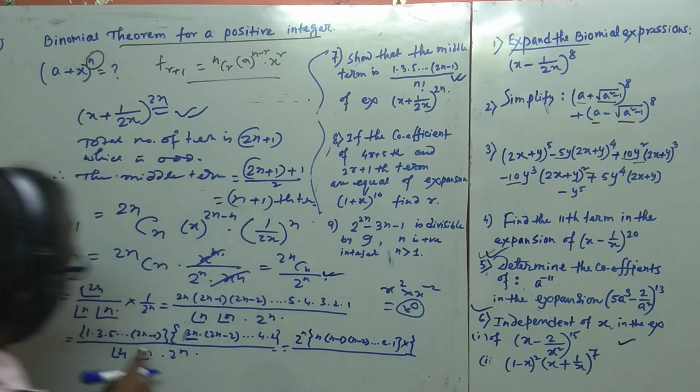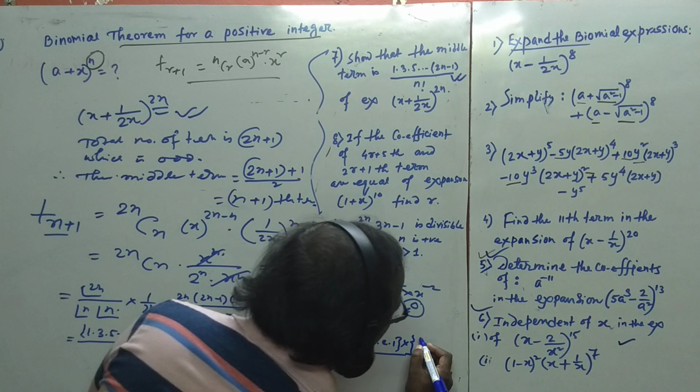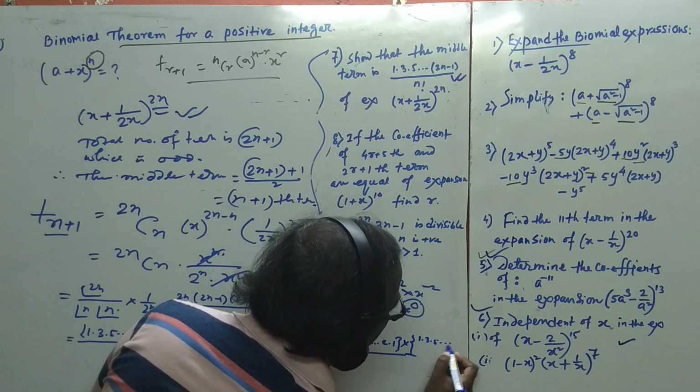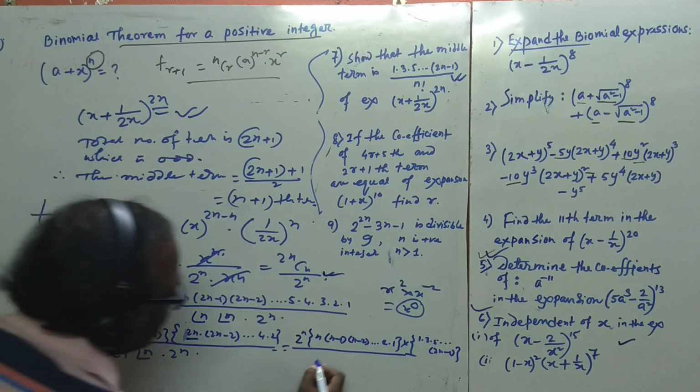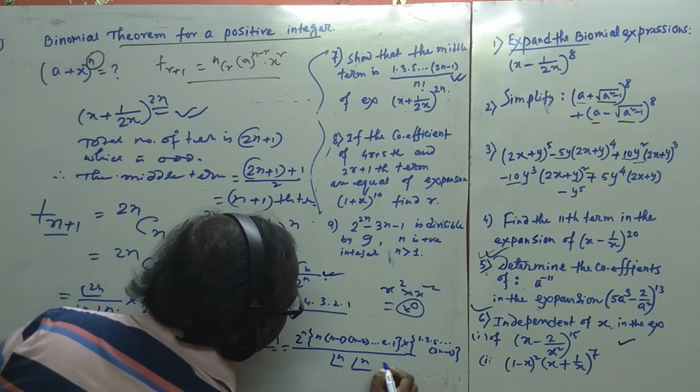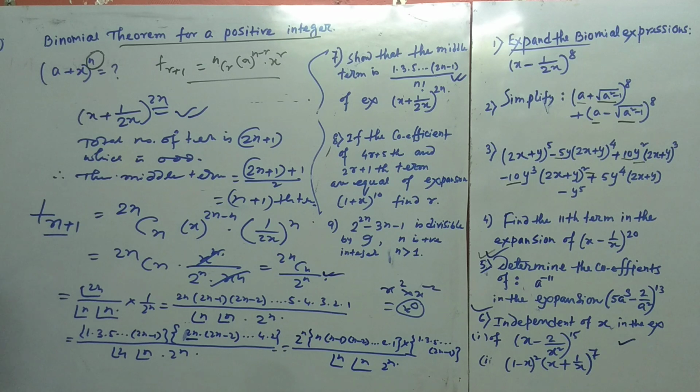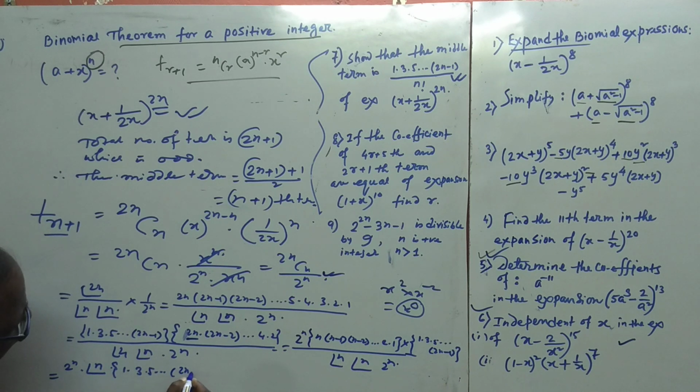Again write this from 1, 3, 5, ... that is 2n minus 1, and the remaining all is factorial n and 2 to the power n. And this is 2 to the power n, factorial n, 1, 3, 5, ... 2n minus 1, divided by factorial n and 2 to the power n.